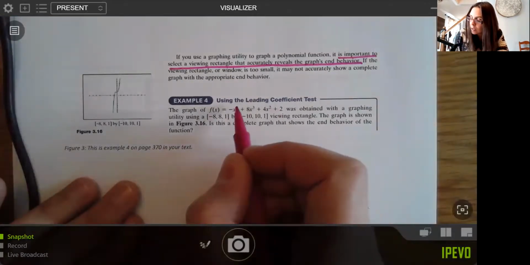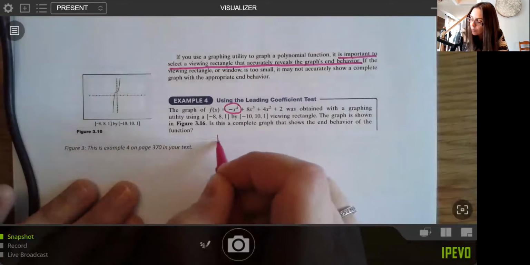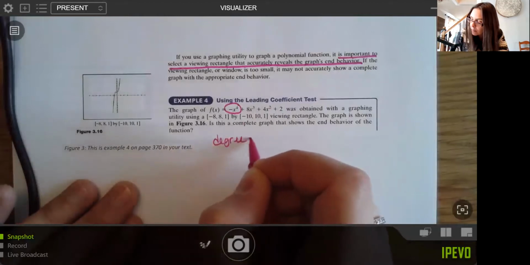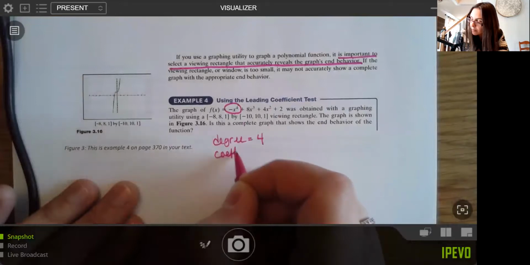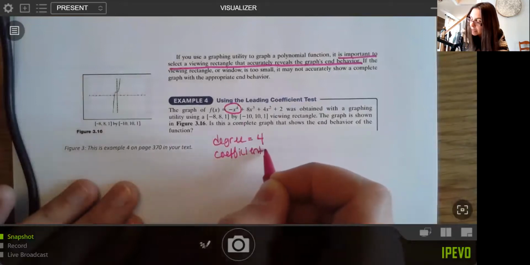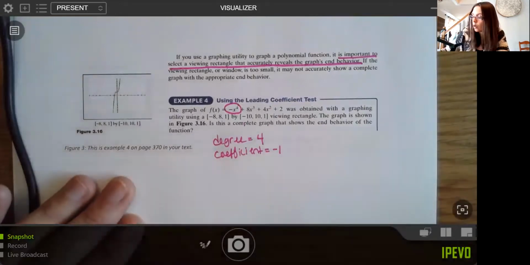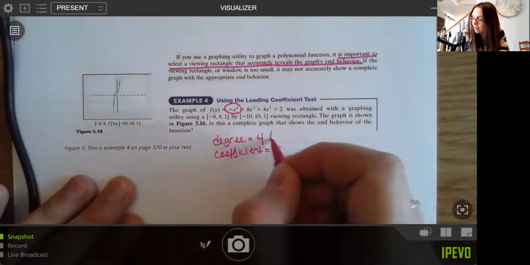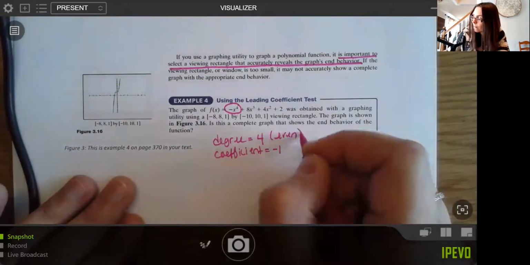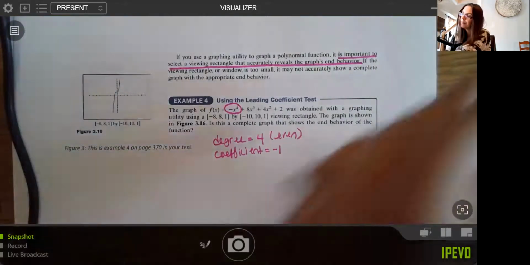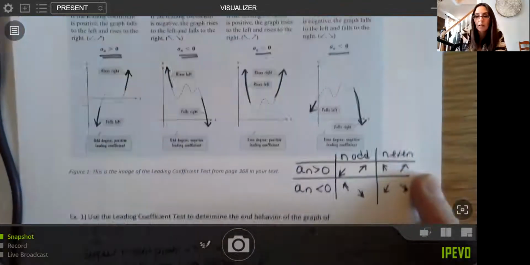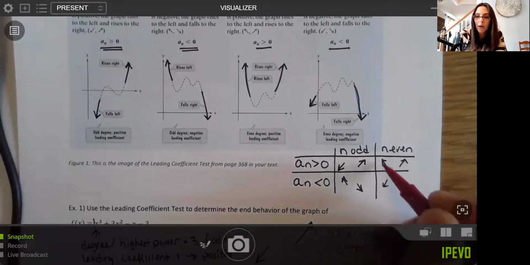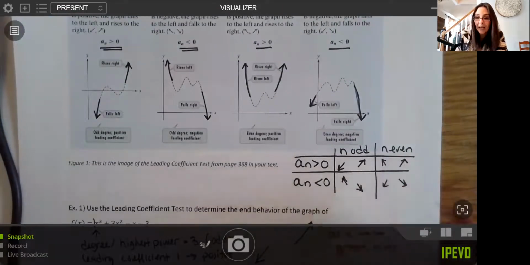So notice in our equation, our degree is 4. And our leading coefficient there is -1. So if you go back to your chart, our degree is even. So when I have an even degree, both ends should either be going up or both should be going down.